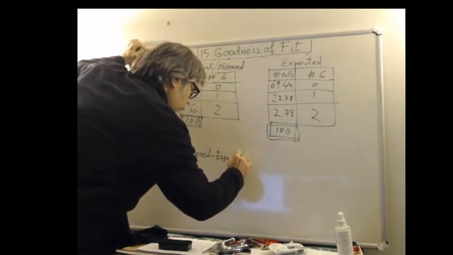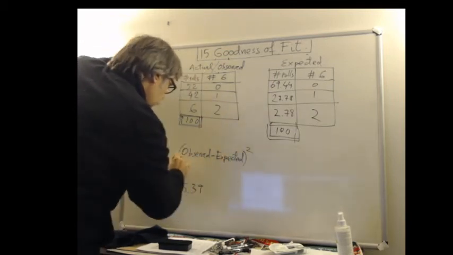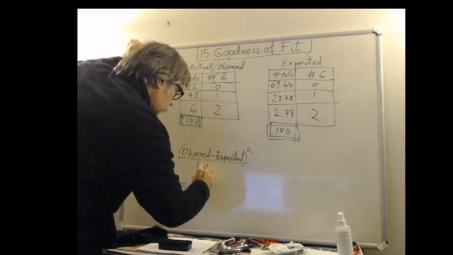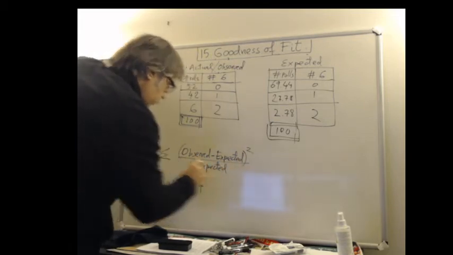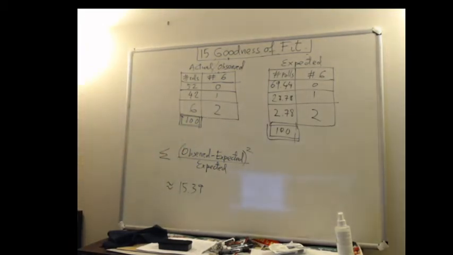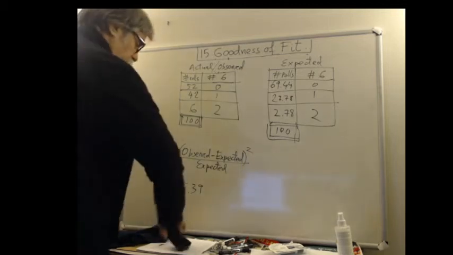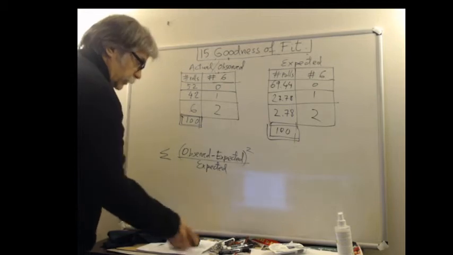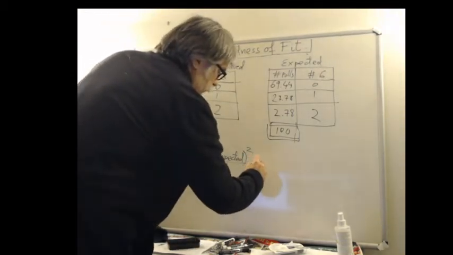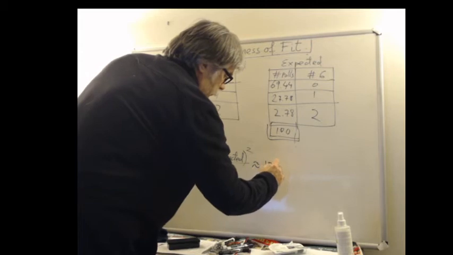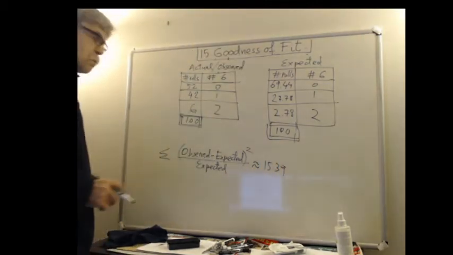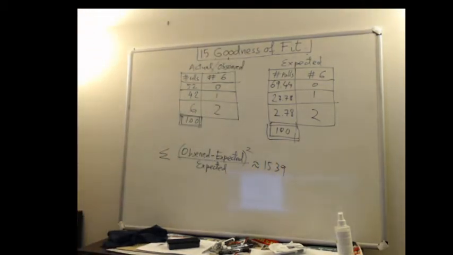Square that, divide it by expected, and then sum over every category you have. So this is the chi-square random variable with 2 degrees of freedom in our case. And in our story, that's 15.39.